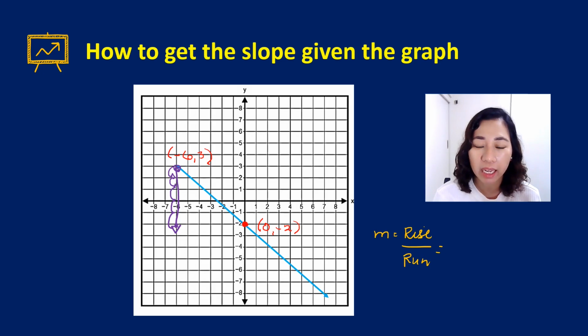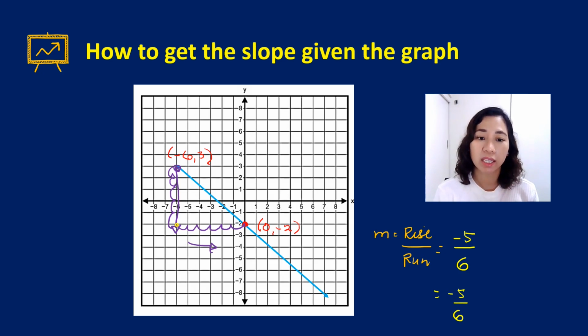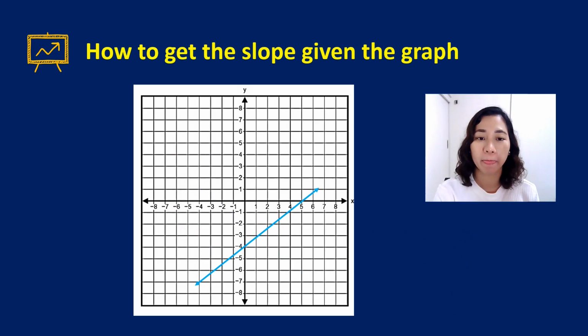So my rise is where I went down, so my rise is negative. Then my run, from this point, I will go 1, 2, 3, 4, 5, 6. Since I went to the right, my run is positive. Okay, so there you go. My slope is -5/6. Clear?